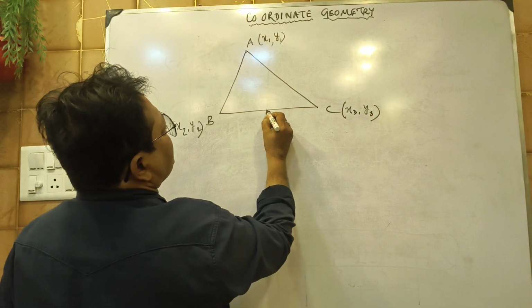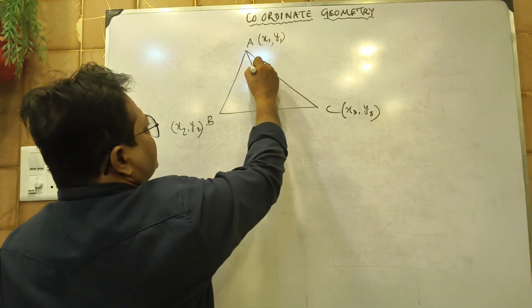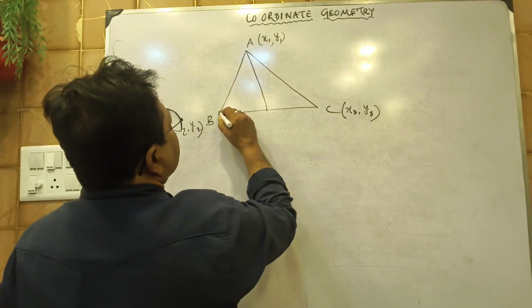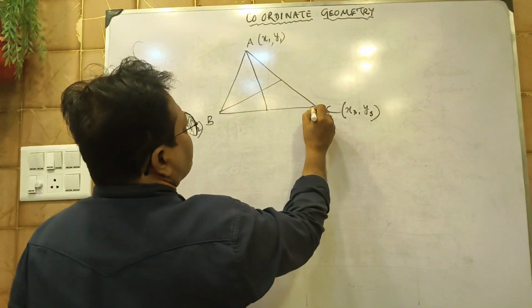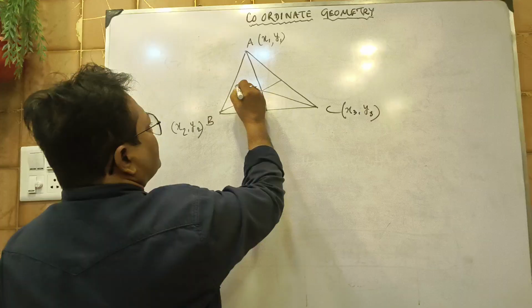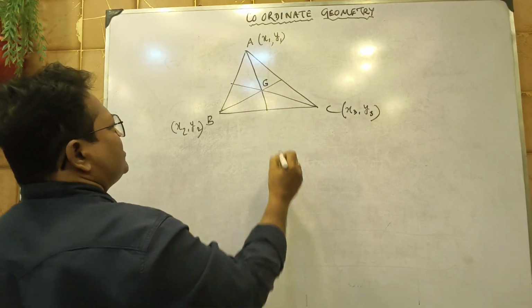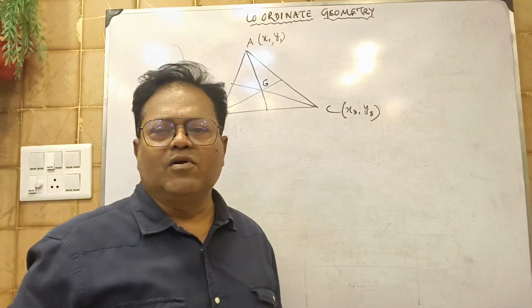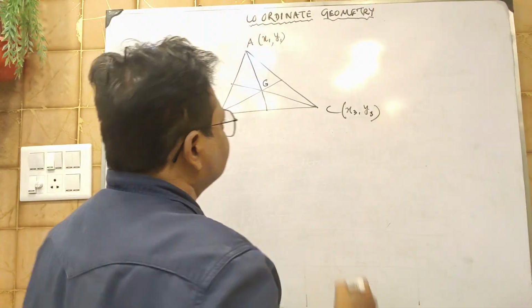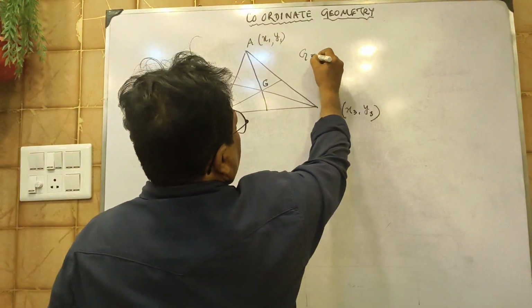Now I draw the three medians. The point of intersection of the three medians is called the centroid. So G here is the centroid.